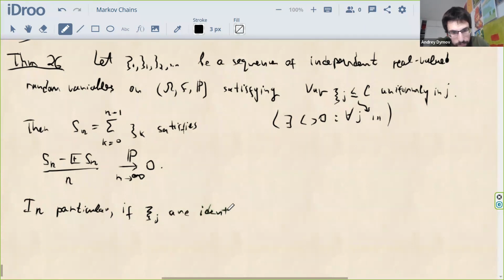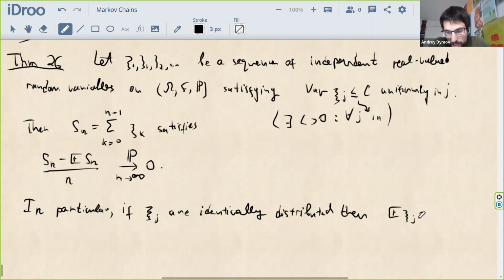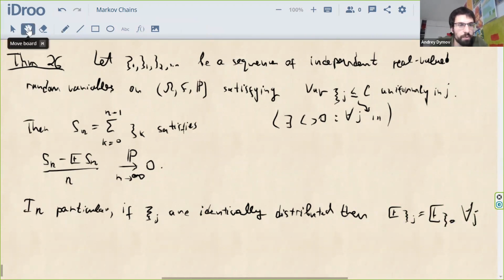Then, in particular, all their expectations are the same and equal to the expectation of the first random variable.